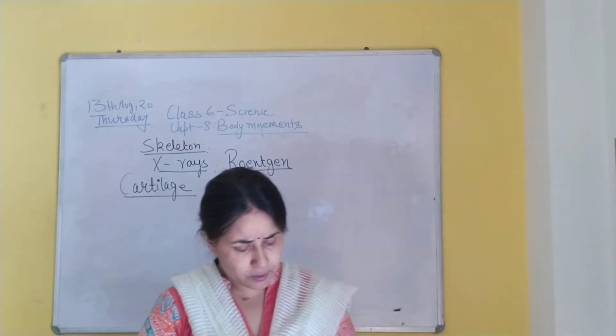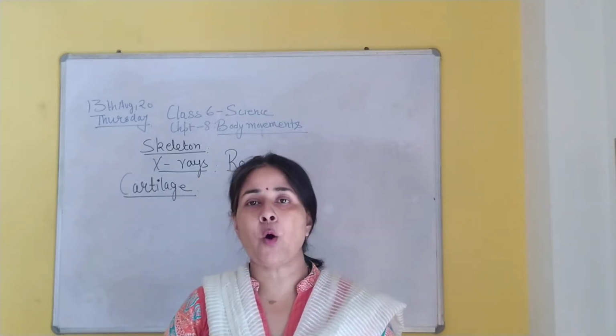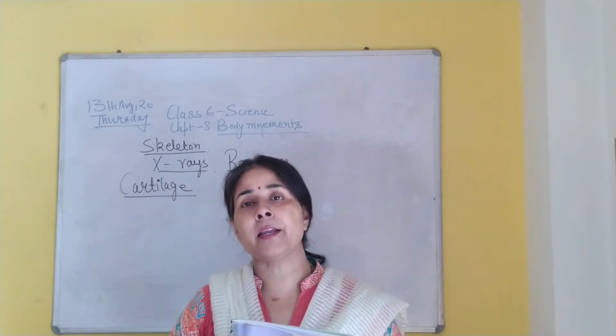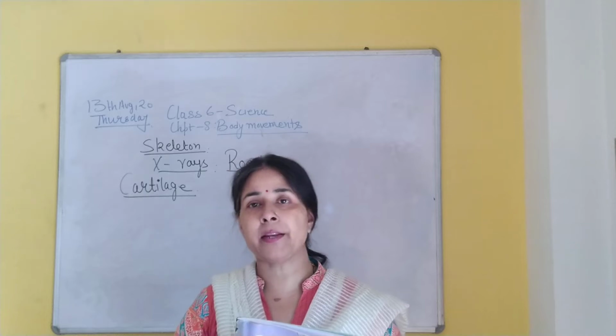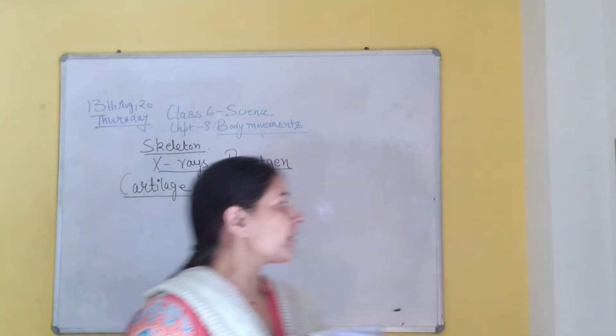Now, this can be easily bent. Now we talked about the movements. We can say that the skeleton is made up of bones, then it has joints also, and the third thing is the cartilage.